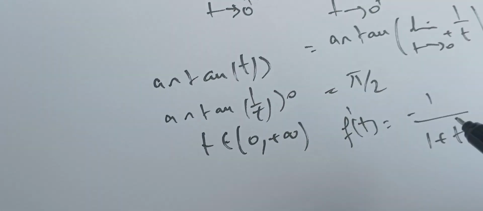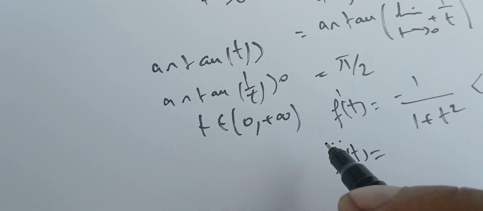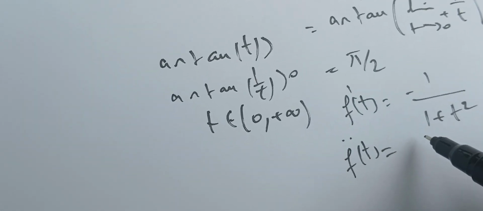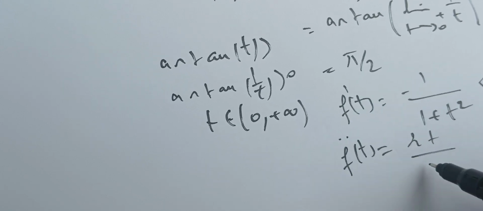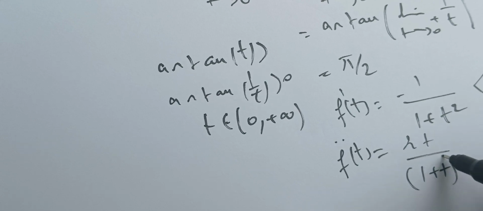Now we're going to see if we have any points of inflection. Here, if we do the second derivative, we have 2t over 1 plus t squared.